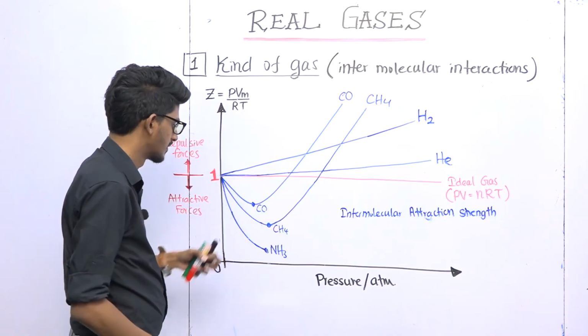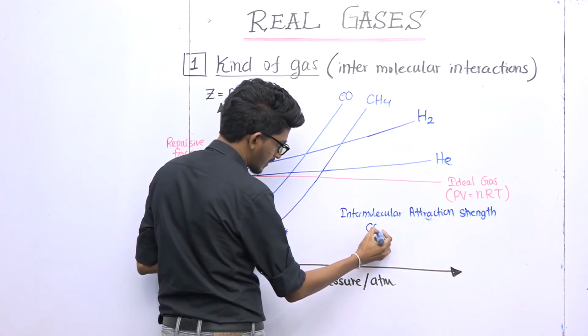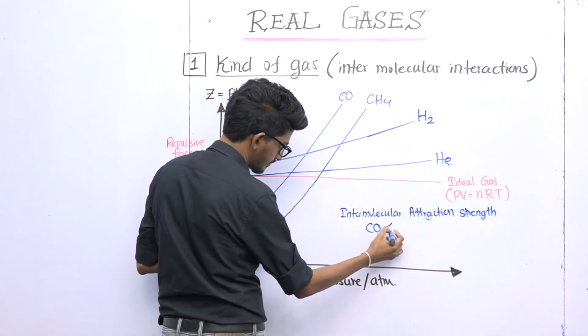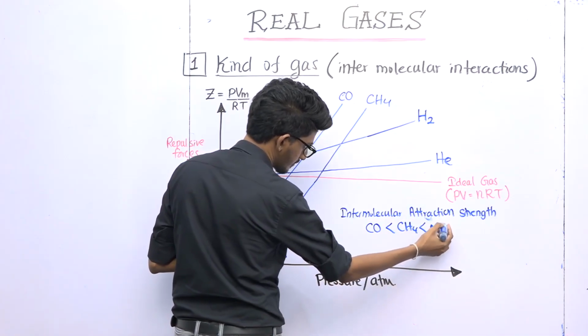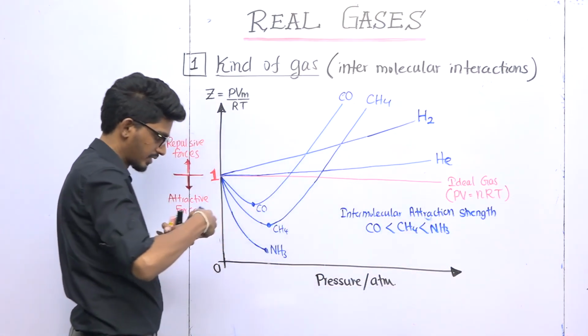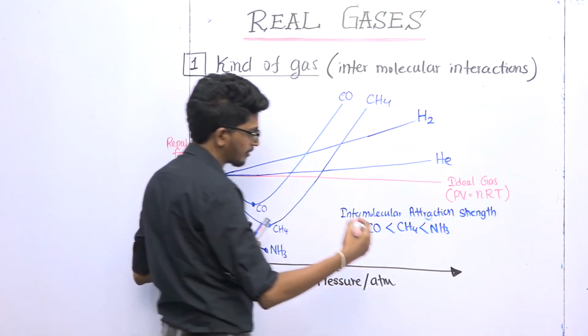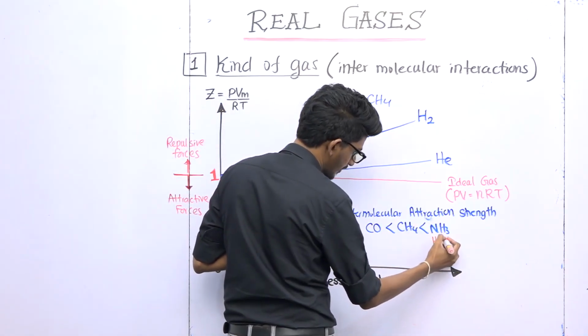Concerning this, NH3 is the maximum, and we know this is because of the presence of hydrogen bonding.